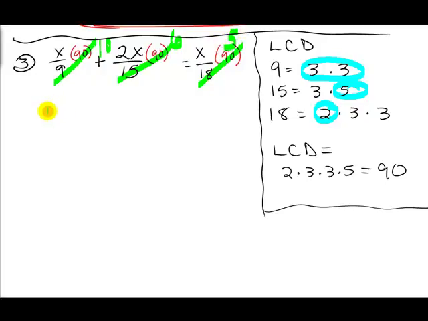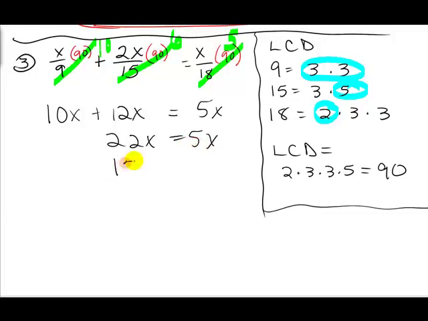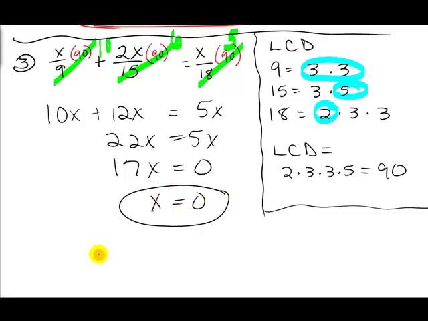So we're going to have 10 times x plus 6 times 2x equals 5x. Combine everything. Get all the letters together. We subtracted, and when I divide by that 17, x equals 0.